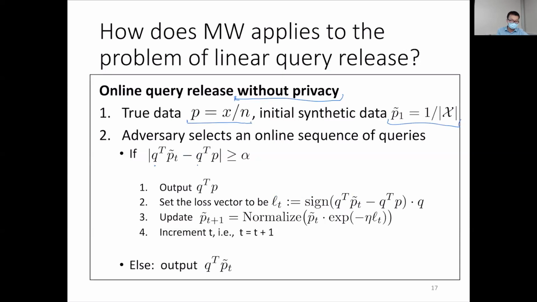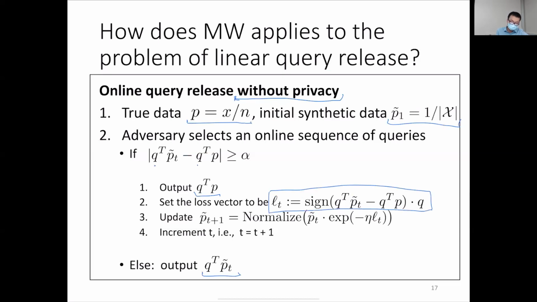If this is smaller than alpha, then let's just output the synthetic version of the output. If this is larger than alpha, then we know that outputting this is not going to work. So we'll output the true value. After we output the true value, let's design this particular choice of the loss vector and then pass it back into the multiplicative weight algorithm. So this is the most interesting part.